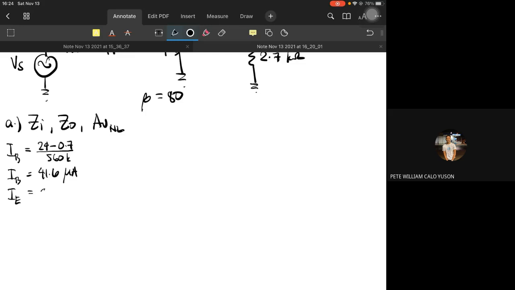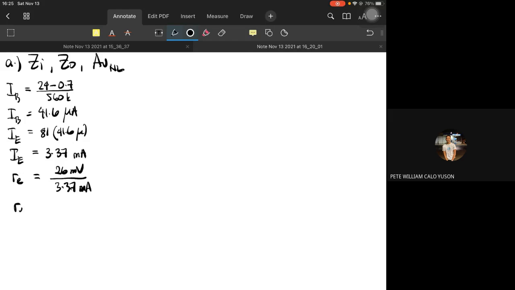IE is 81 times 41.6 micro, which is 3.37 milliamperes. RE is 26 millivolts over 3.37 milliamps. RE is equal to 7.71 ohms. Okay.